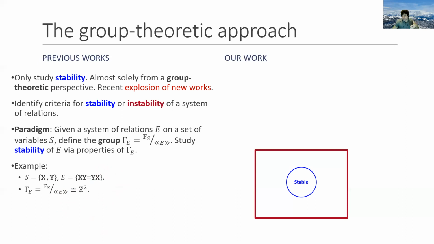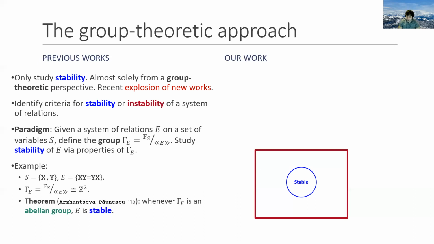Indeed, F_S consists of all words consisting of x's and y's and their inverses. Now, dividing this free group by the commutator means adding the relation that x and y commute to the free group. Now, if you think about it, given that x and y commute, the only thing we need to know to describe a word consisting of x's and y's is two numbers: how many x's we have in that word and how many y's we have in that word. And this gives us a natural embedding into Z squared.